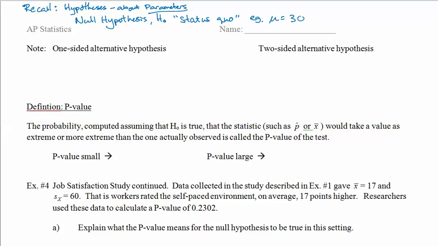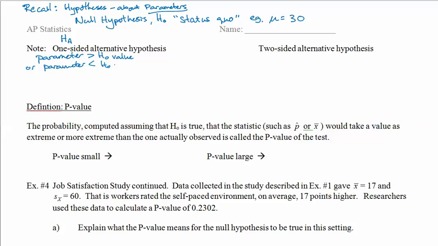The alternative hypothesis is HA. And so we have two versions of the alternative hypothesis. One is a one-sided alternative hypothesis, where our parameter is either greater than the H0 value, or the parameter is less than the H0 value.